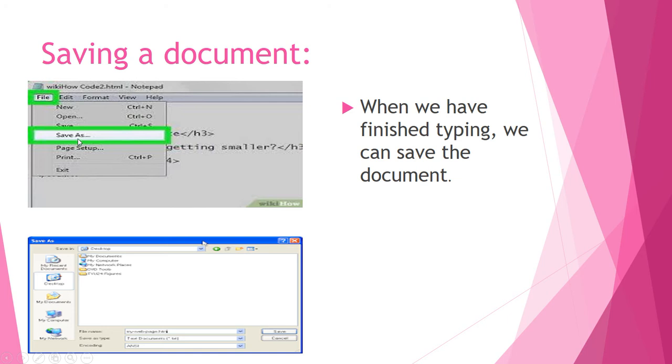Here two options are available: save and save as. We choose save as from the list, another window appears. This is called a dialog box because it wants a response from us. We think of a name for our document and type it into the file name box.